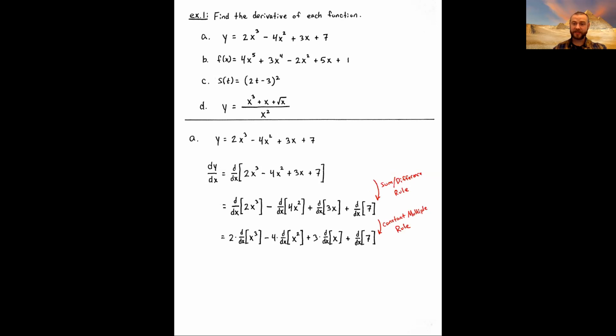And what's left in the brackets now are simple functions that we can differentiate using the power rule. Notice at the very end there, the derivative with respect to x of 7, we're going to interpret 7 as a constant function. And you might recall the derivative of a constant, the derivative of any number, equals 0.